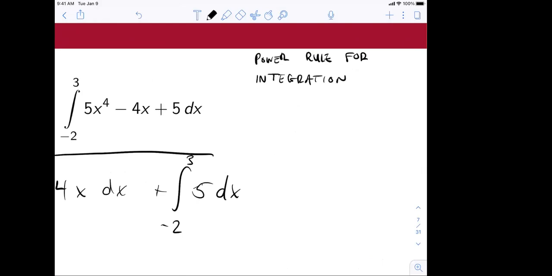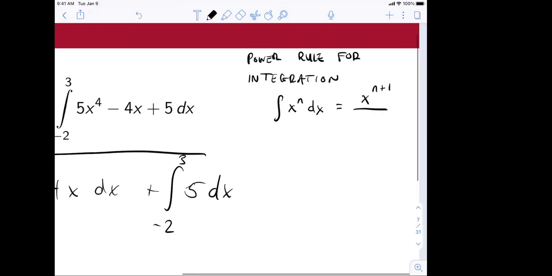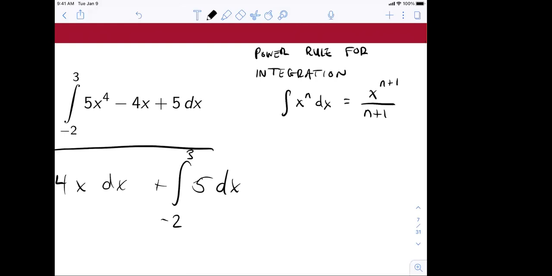That says that the indefinite integral of x to the n dx is equal to x to the n plus 1 over n plus 1 plus some constant.